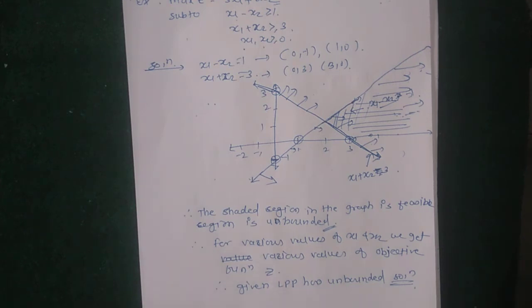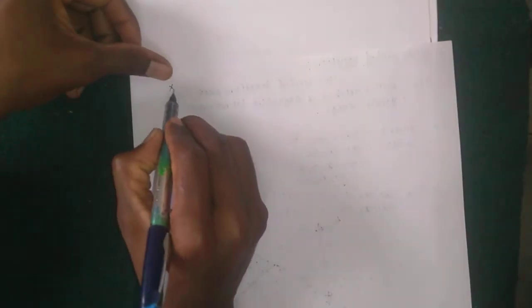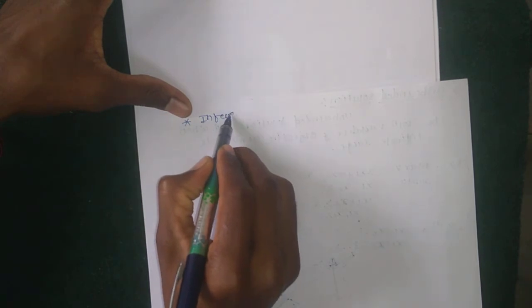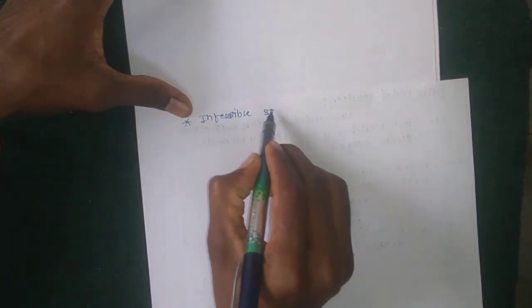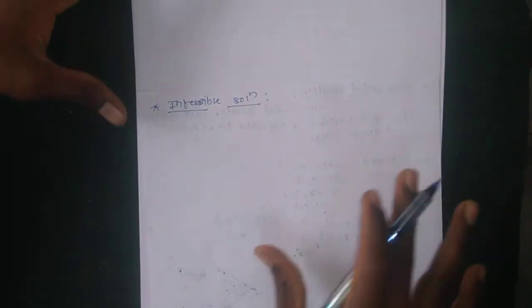So first is bounded, then alternative solution, then unbounded solution, and the next case is infeasible solution. What is meant by infeasible solution? How to check that the given LPP has an infeasible solution?